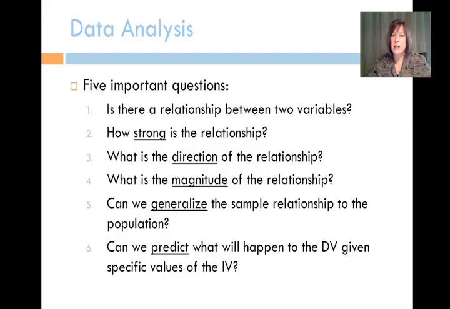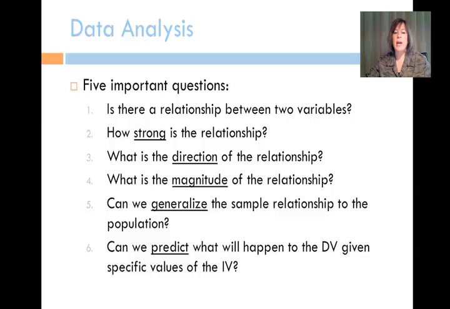Inferential statistics takes us farther, allows us to answer the last 4 questions, looking at the magnitude of the relationship. And magnitude is not necessarily how strong it is. Magnitude is related to the effect size. Whether or not we can actually generalize the results from a sample to the population, that's part of our sampling method, but it's also part of inferential statistics.